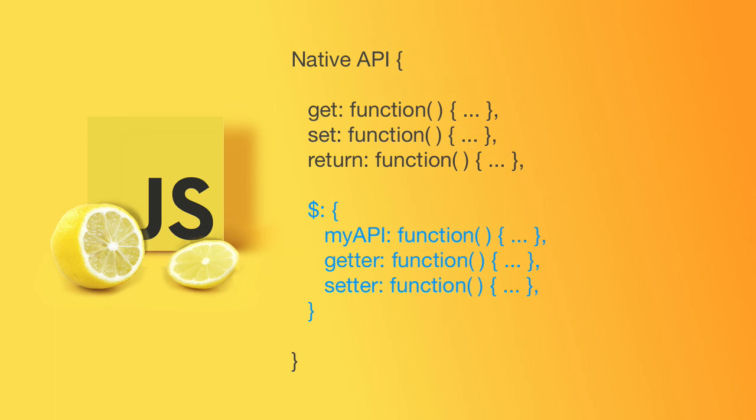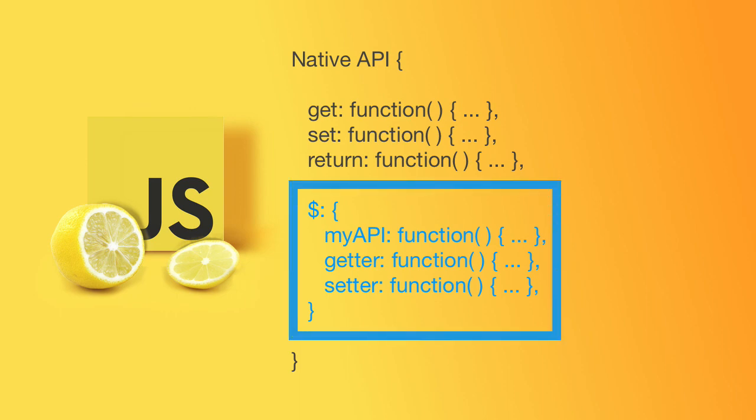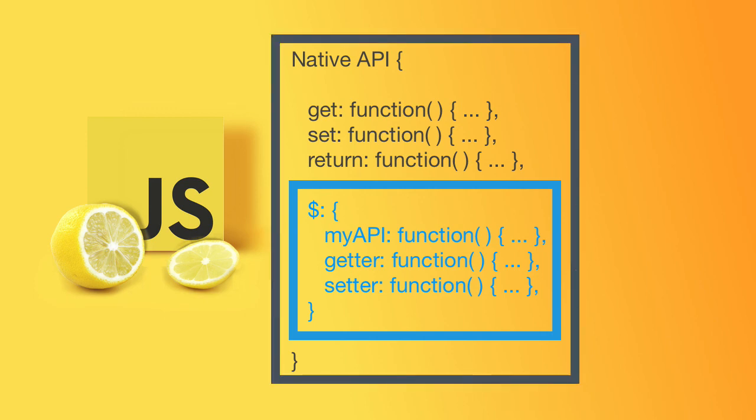For example, with jQuery, you can start to set up a new jQuery object and then start to modify it and so forth. So jQuery has its own API. It's all encapsulated together. And of course, you can have APIs embedded inside of other APIs. We have the native JavaScript API, and then we have the embedded jQuery API.